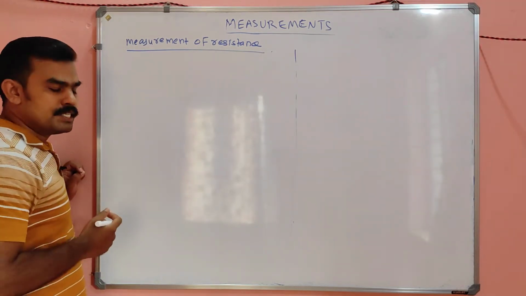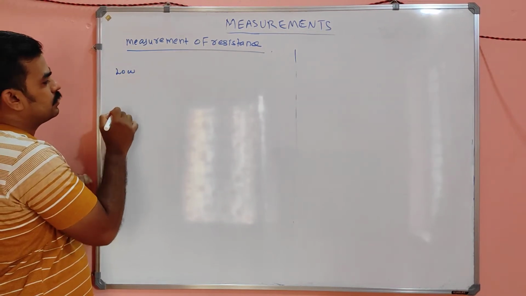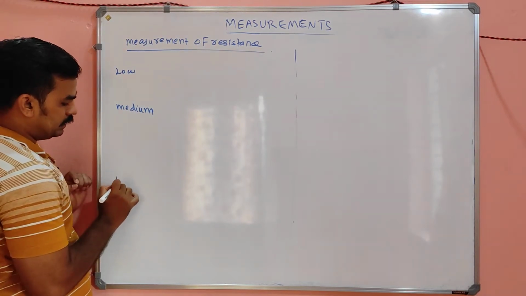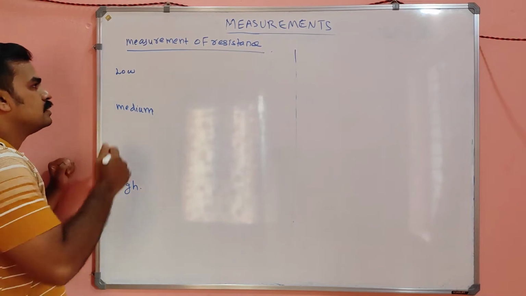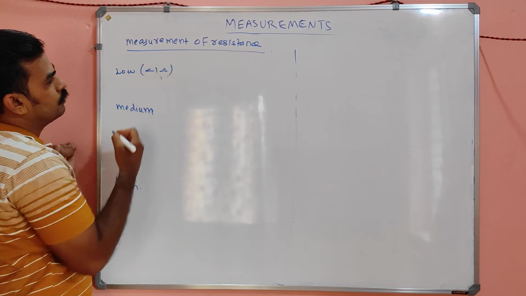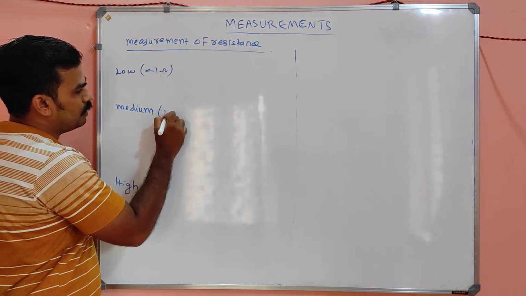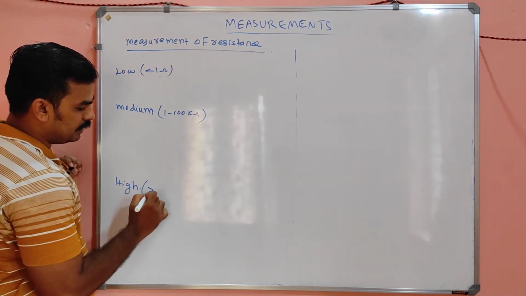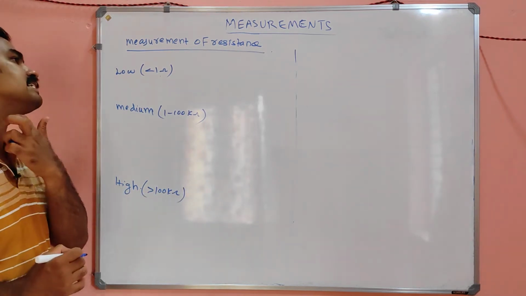Resistances are classified into three types: low resistance, medium resistance, and high resistance. Low resistance is nothing but less than 1 ohm. Less than 1 ohm is considered to be low resistance, and medium means 1 to 100 kilo ohm. And high resistance means greater than 100 kilo ohm.